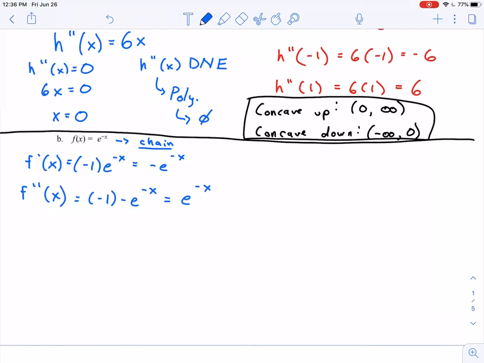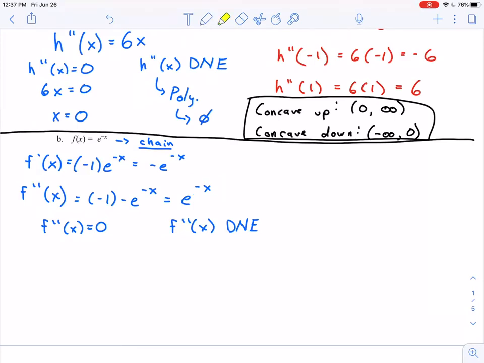We have our second derivative. I want to think about places where our second derivative is equal to 0 and places where our second derivative does not exist, because those are going to create the partitions for my number line. Now, I have said this multiple times, I don't really like working with negative exponents.